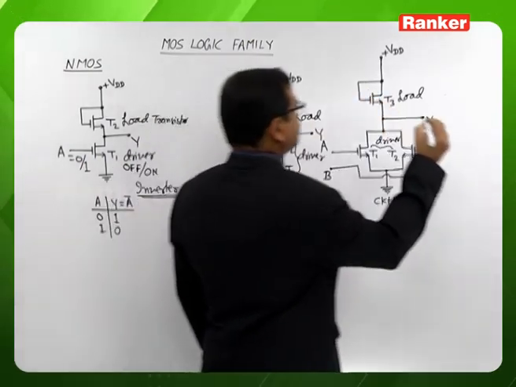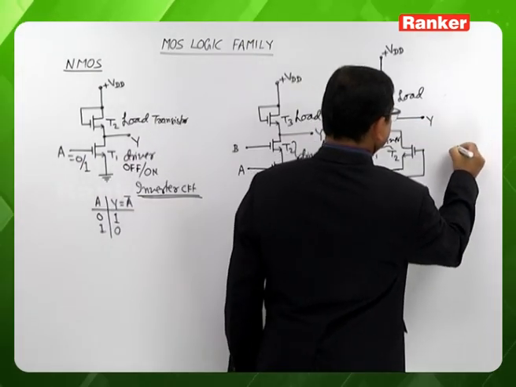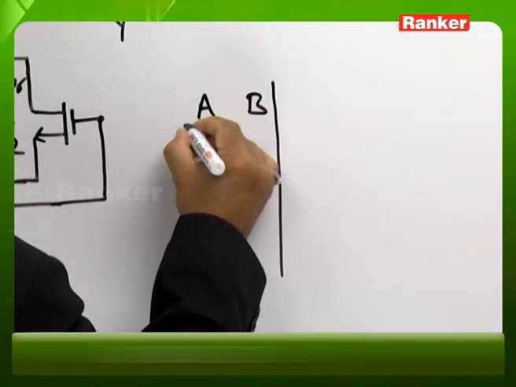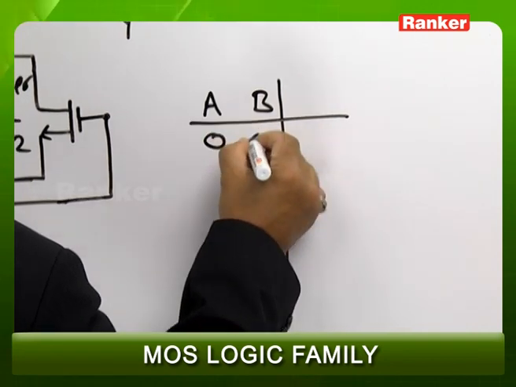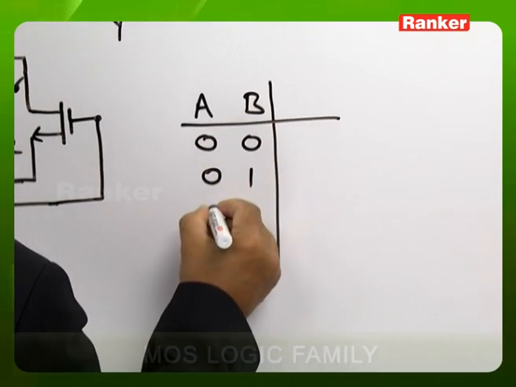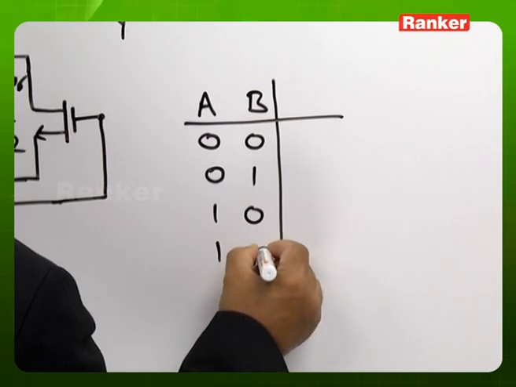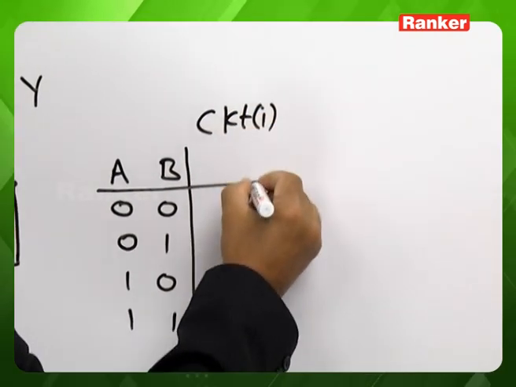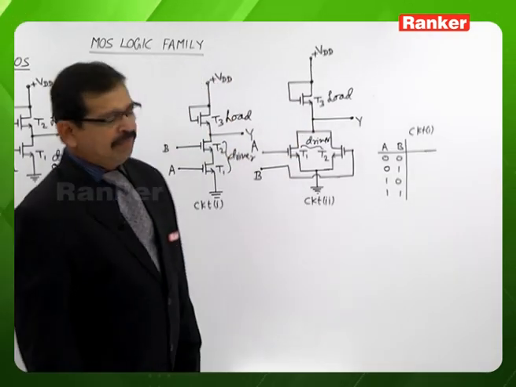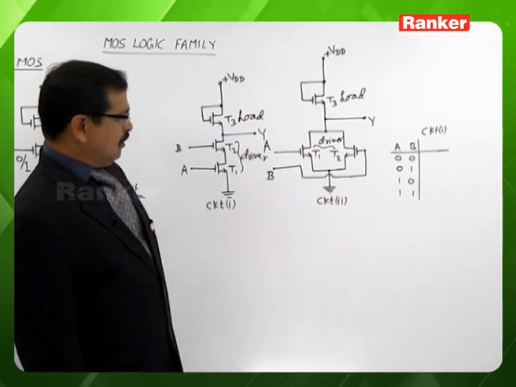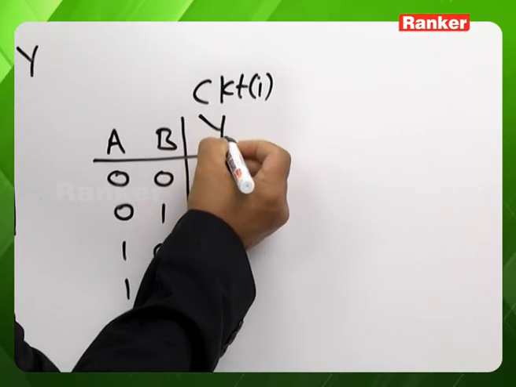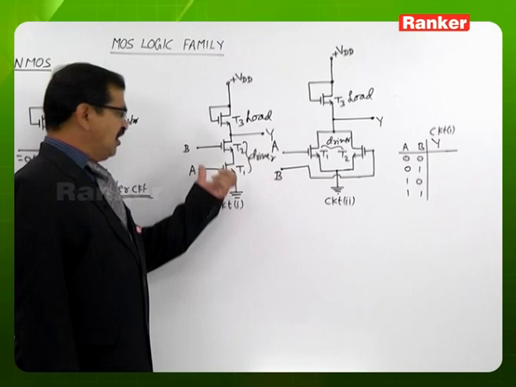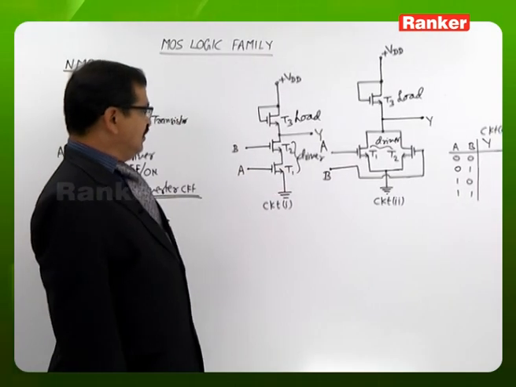So in terms of the logic levels, if you look, on A and B, these are the possible values. If you look at the circuit 1 output, in circuit 1, the transistors T1, T2 are the driver transistors, they are in series.